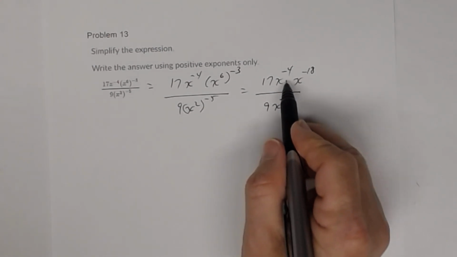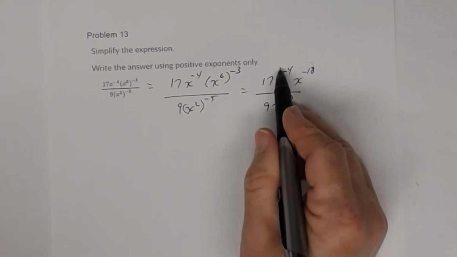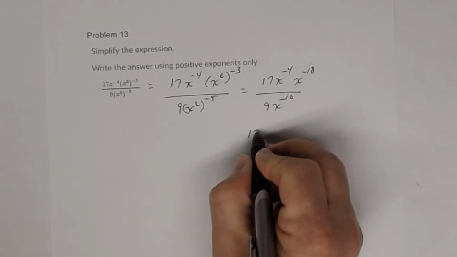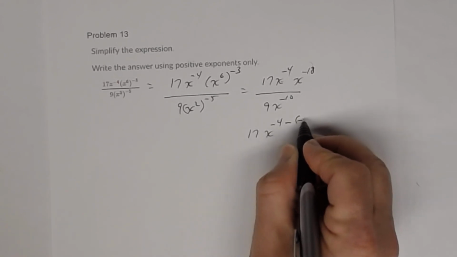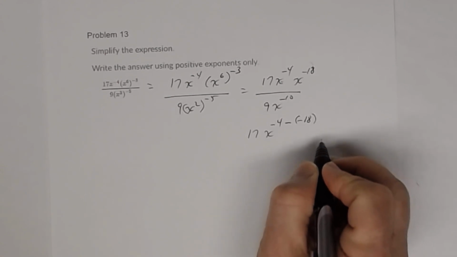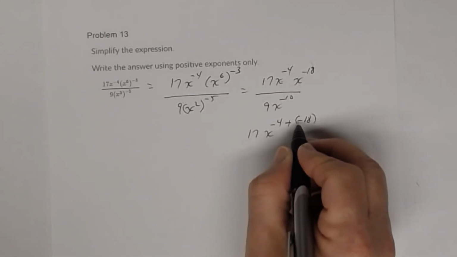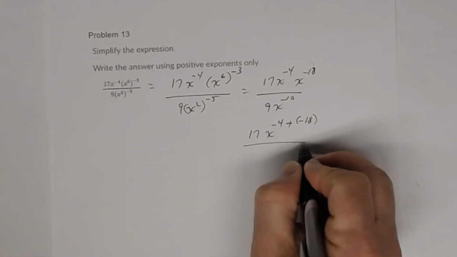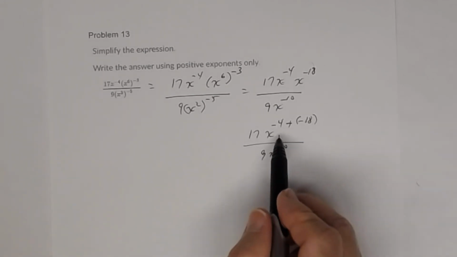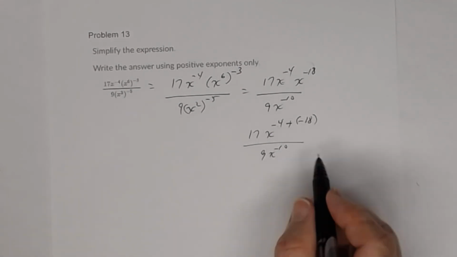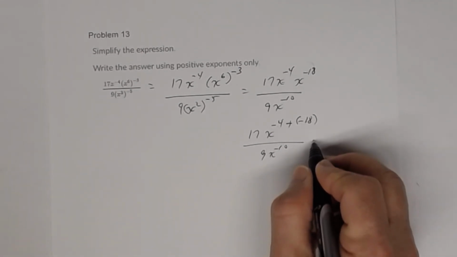Just like we did in the previous problem, you multiply like bases, you add exponents. So this becomes 17x to the negative 4 plus a negative 18, divided by 9x to the negative 10. Negative 4 and a negative 18 is a negative 22.